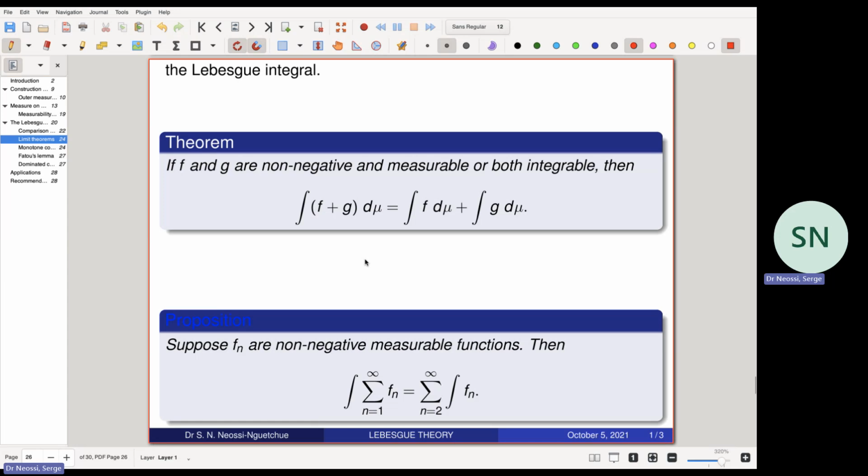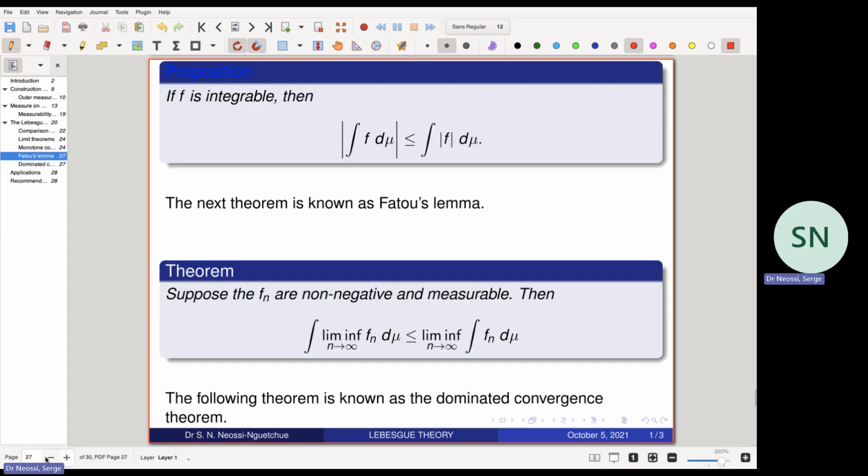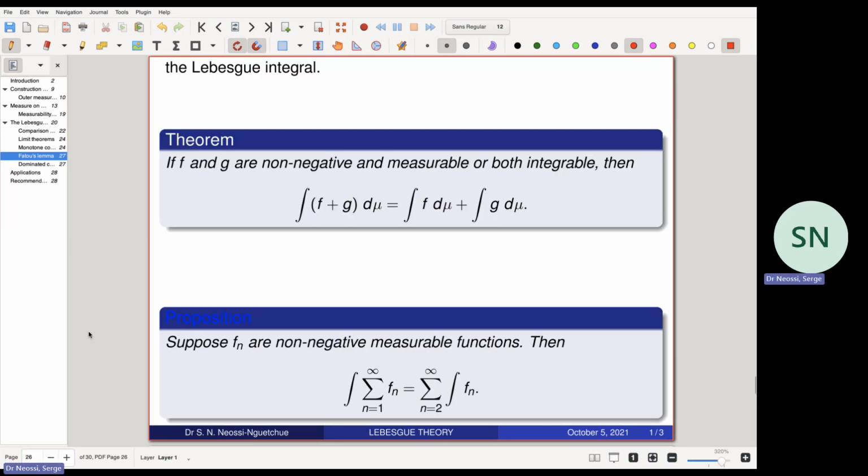Now, we can prove this by means of the monotone convergence theorem. How do we prove it?